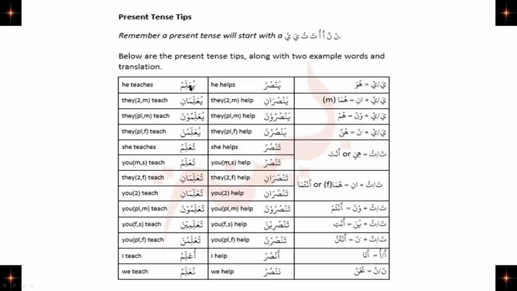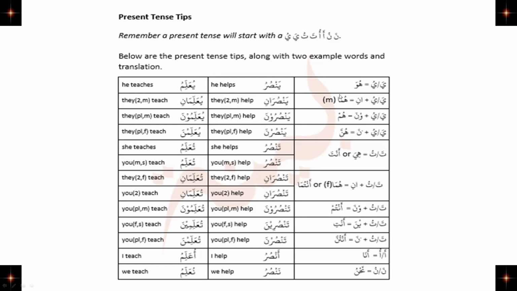But if it is allama, with a doubled letter in the middle, like darrasa, darraba, fa''ala, all these four-letter words where the middle one is doubled, you will use yu instead of ya. So you say kataba yaktubu, darraba yudarribu.